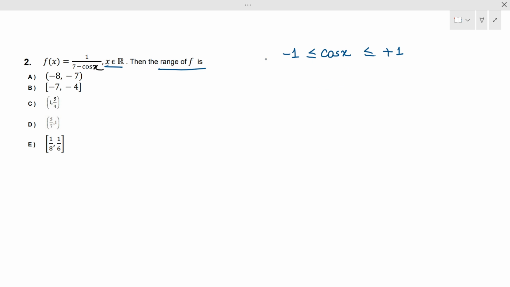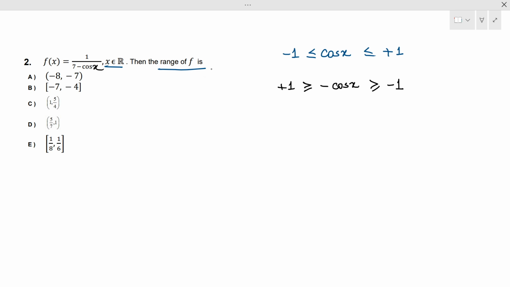Yes. Now, when I multiply by minus 1, the inequality sign will change, right? So the inequality sign will change, and minus times minus will be plus, and plus 1 into minus 1 is minus 1, right?